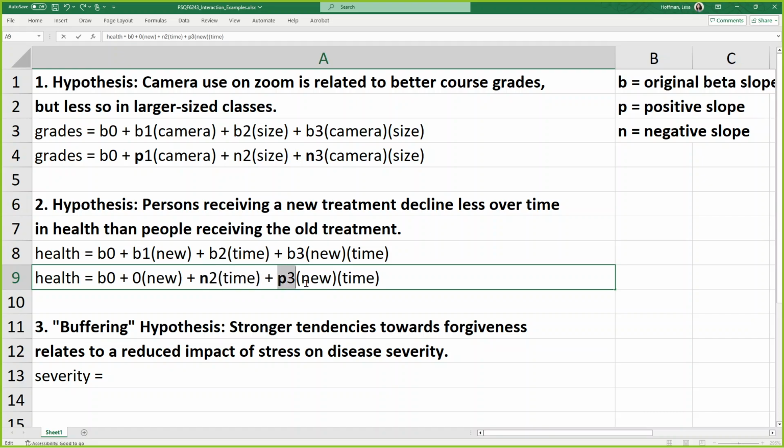That would require a positive interaction term to work against the negative slope. So maybe people in the old treatment decline by 10 units per year, and people in the new treatment only decline by 7 units per year. That would be accomplished through a positive interaction term counteracting the negative slope. So this would be a less negative example, whereas the first one is less positive.